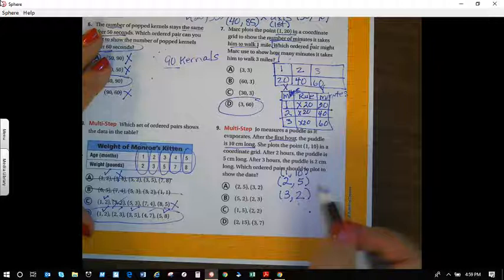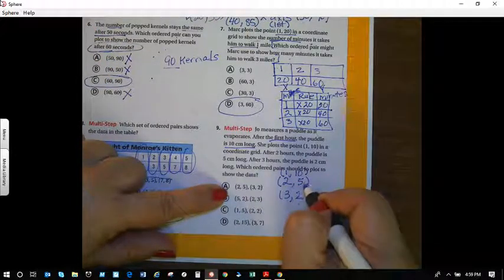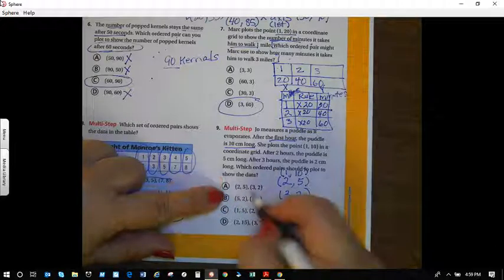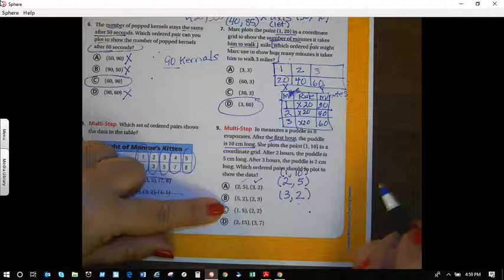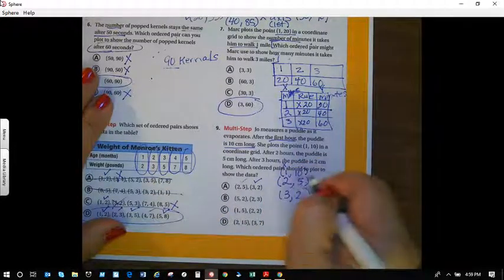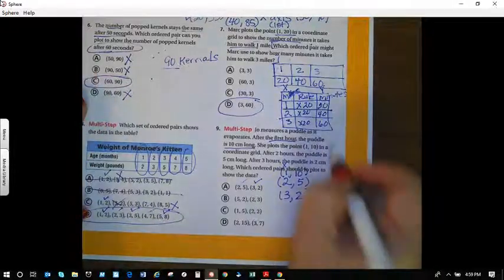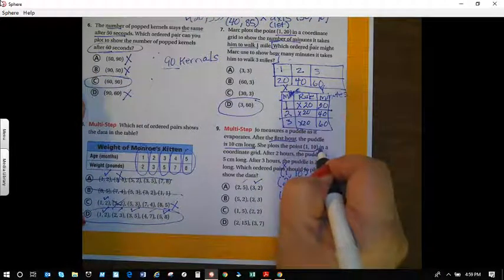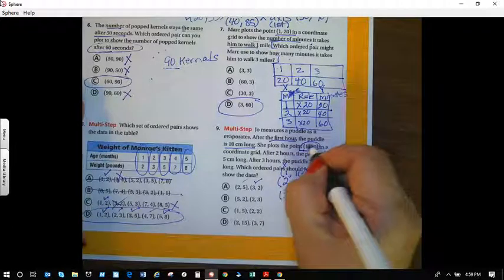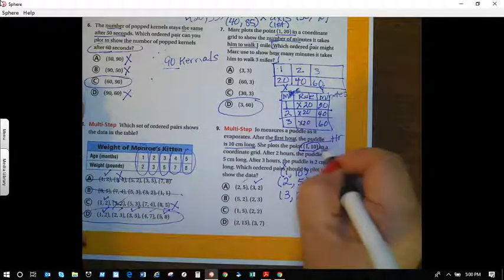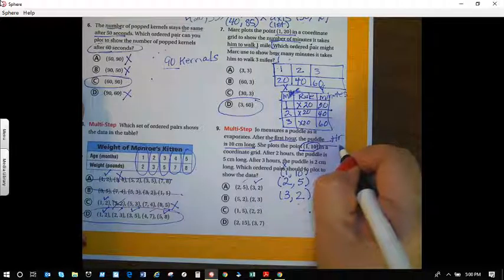All right, so now let's look here. Here's the hours and how long it was. So this is 2, 5, 3, 2. Remember, your X is first, hours, and then how long it was. Because they showed you right here, this was your guidance. So here was the hour that was first, and then the length of the puddle.